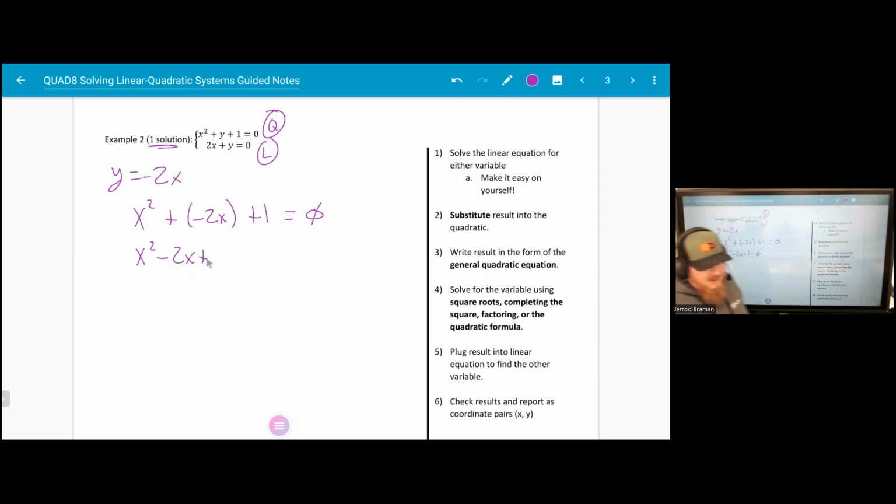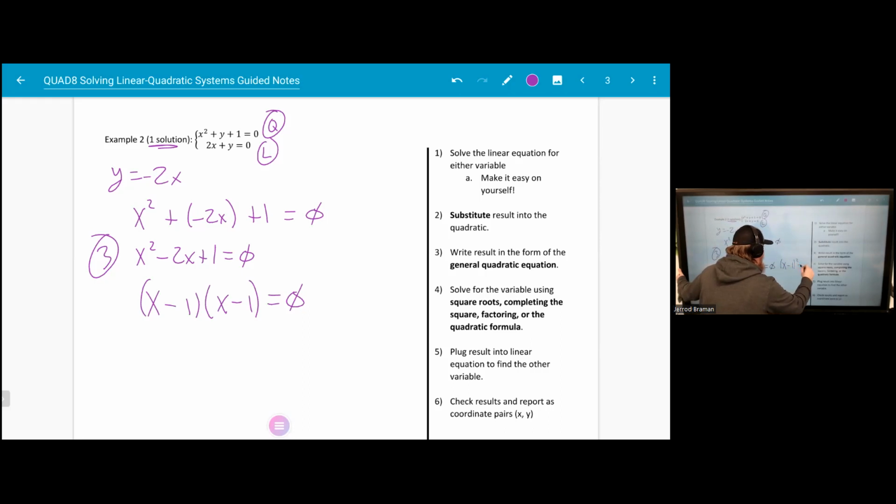The first thing I'm going to look for is, can I factor this? This is already in my general quadratic form, so that's good. Is there something that multiplies to 1 but adds to -2? Oh, yeah, there is. I'm going to do factoring on this one. I'm going to say this is x minus 1 times x minus 1, or x minus 1 squared.